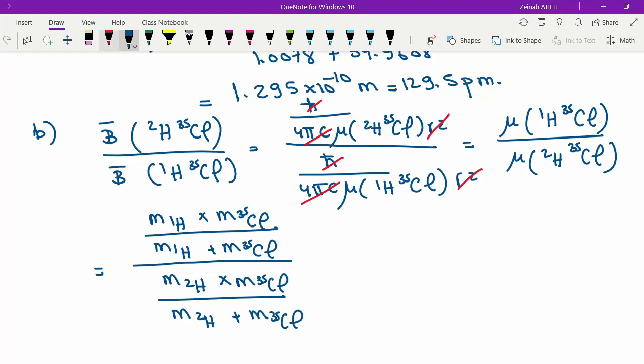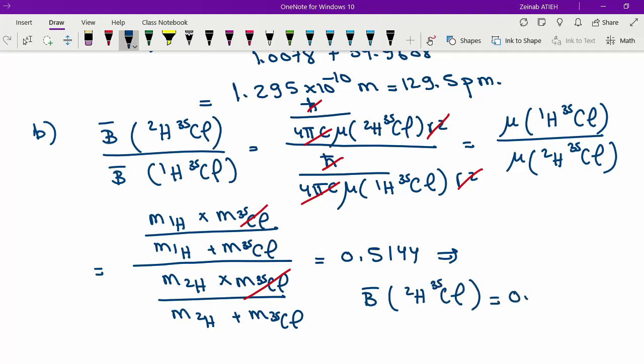We have all of these, so I will just substitute them. I've done that and I have my answer. It's 0.5144. So we deduce that B bar for H2Cl35 is approximately half B bar for H1Cl35. So you can see it's approximately half its value.